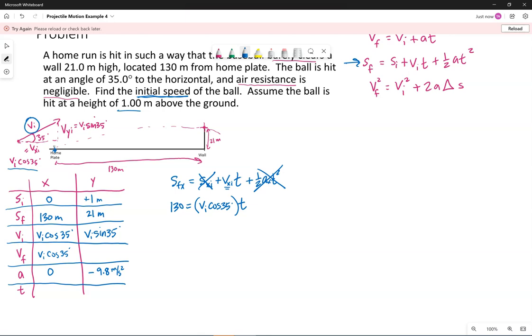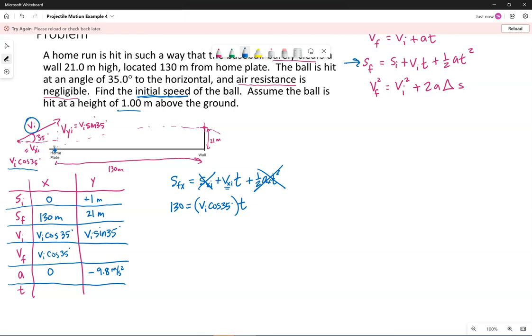So I do have two unknowns. That's fine. It's a little different. Previous problems, we only had one unknown. But again, just keep going. Previous problems, we had to use the y direction for some information. So let's go ahead and explore that for a minute.